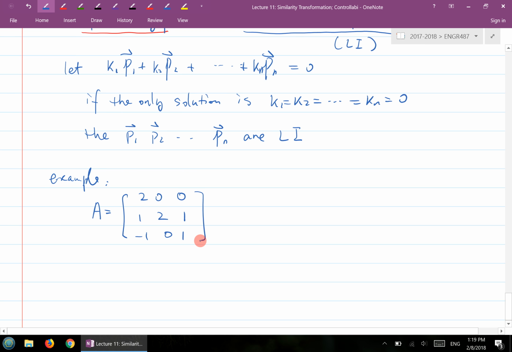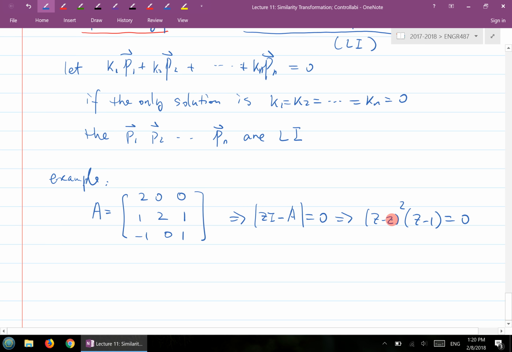Given this A matrix, let's first solve for the eigenvalues. Set the determinant equal to 0 and solve for the eigenvalues. The determinant is (z minus 2) to the power 2 multiplied by (z minus 1).